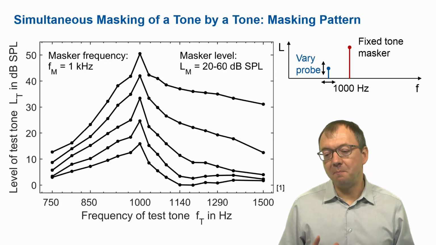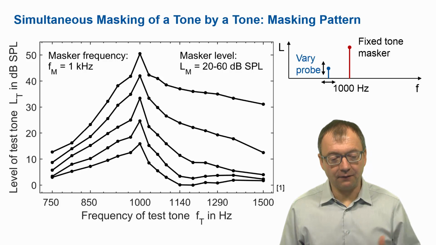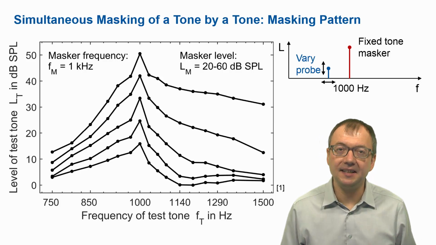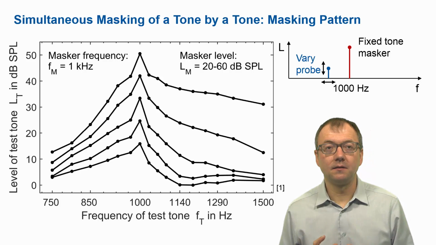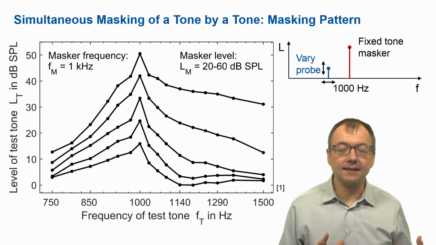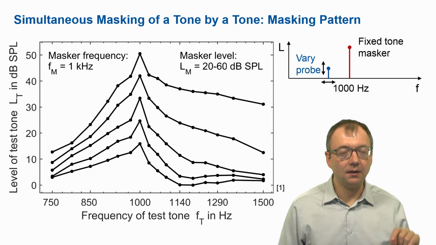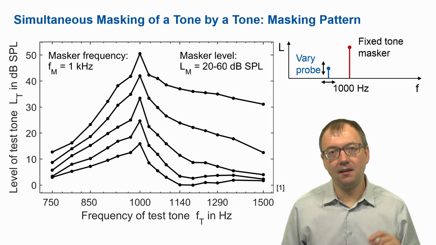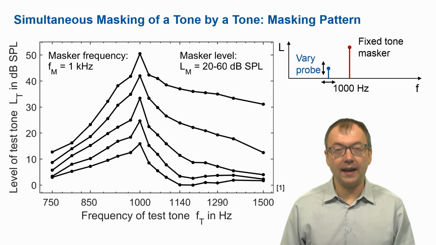So imagine there's a masker of 1 kilohertz, 1000 hertz, of various levels, all the way up to 60 decibels SPL. And this masker is being played, it's masking another tone, and we vary the other tone's level so as to just hear the other tone, just be able to detect it in the presence of that masker.